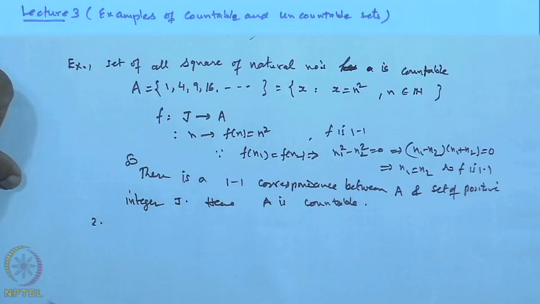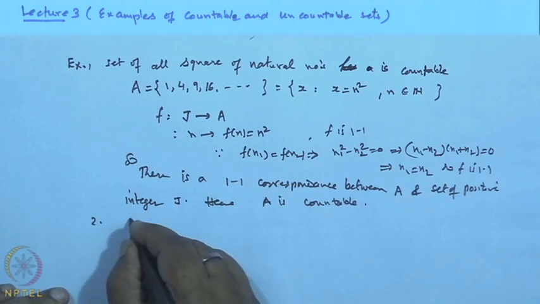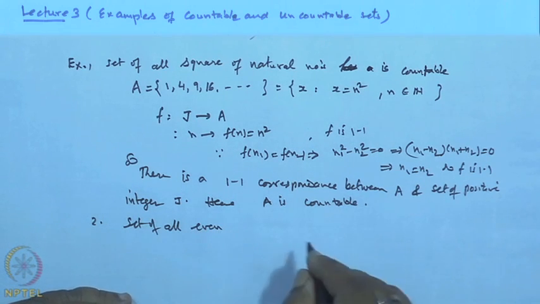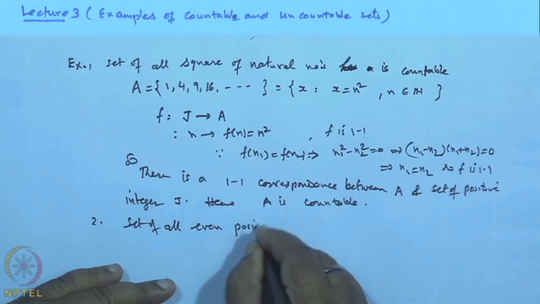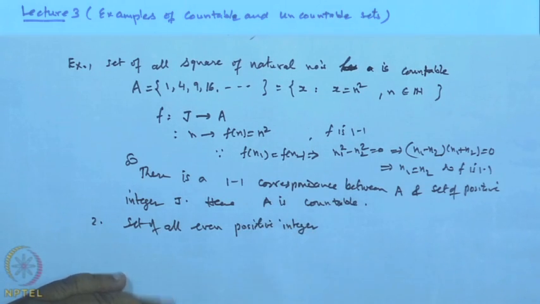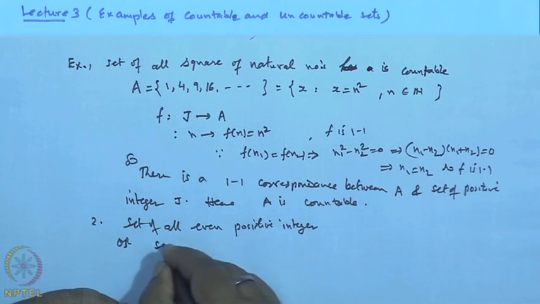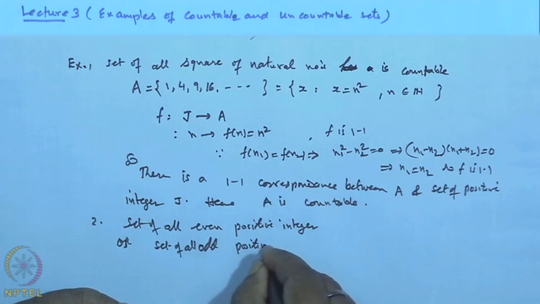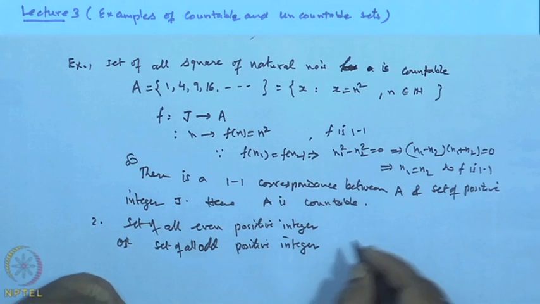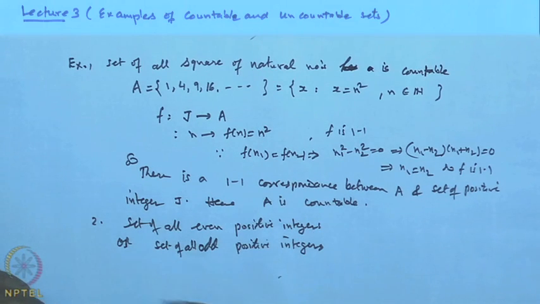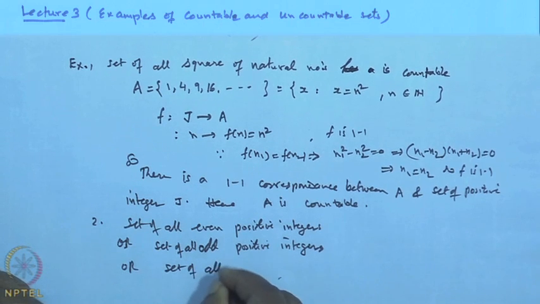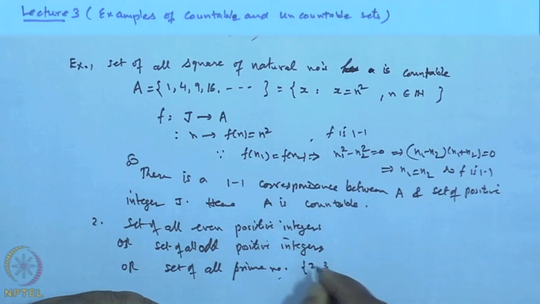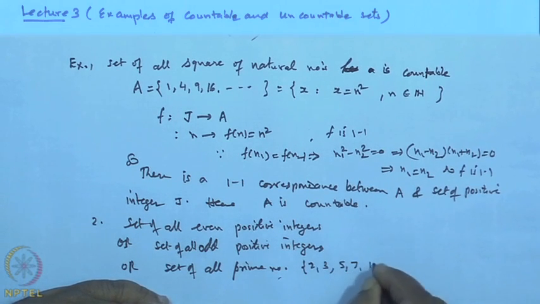Similarly, the other sets are also like the set of all even positive integers, or the set of all odd positive integers, or maybe the set of all prime numbers, that is 2, 3, 5, 7, 11 and so on.